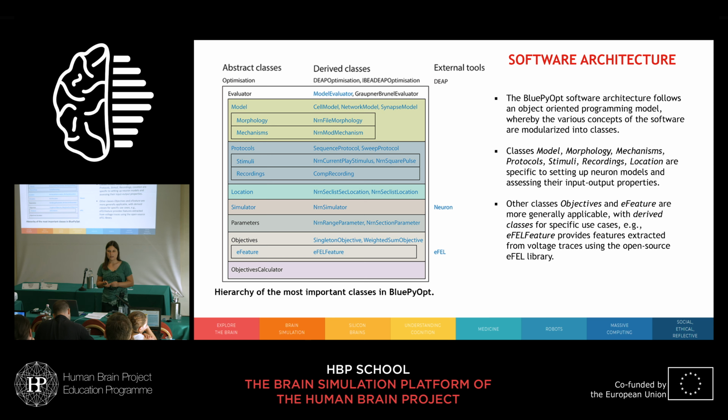And there are other classes like objective and e-feature that are more generally applicable. For example, the eFEL feature class provides features extracted from voltage traces using the open source eFEL library that we've seen yesterday.